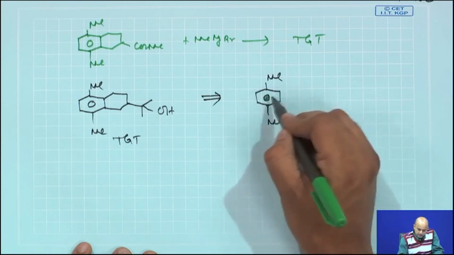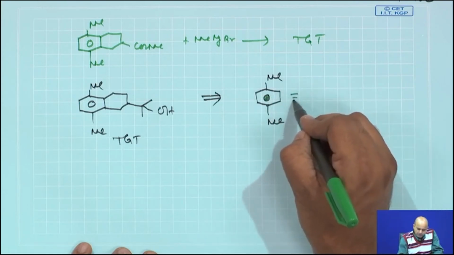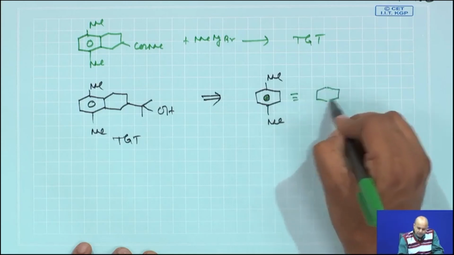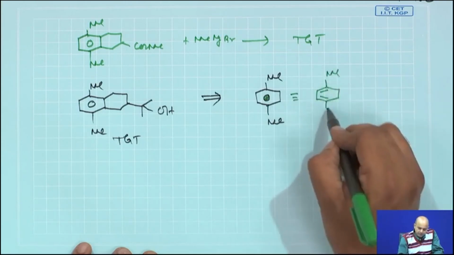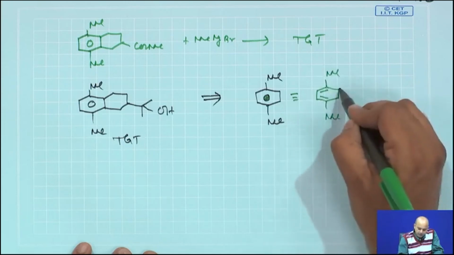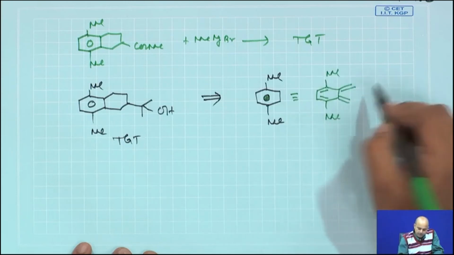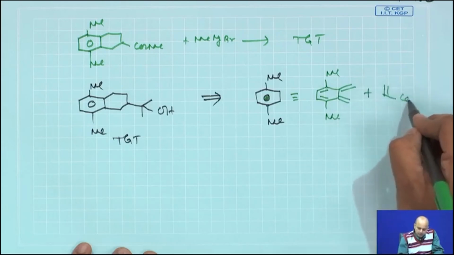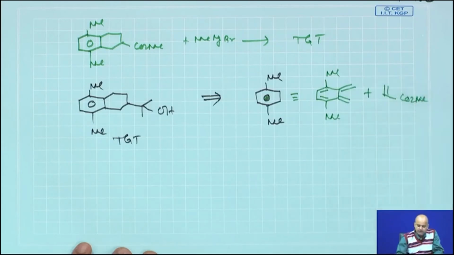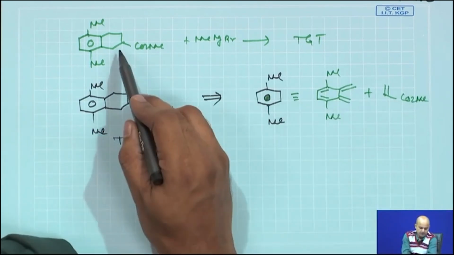We will draw the intermediate in a different way. You draw the intermediate in this way, this methyl, this methyl, you put a double bond here, put a double bond here, and then if you do a 4+2 Diels-Alder reaction, that basically gives you the same intermediate.